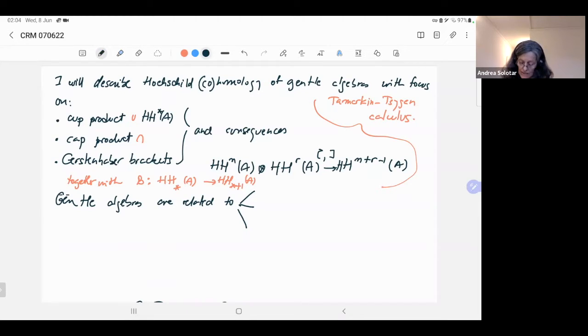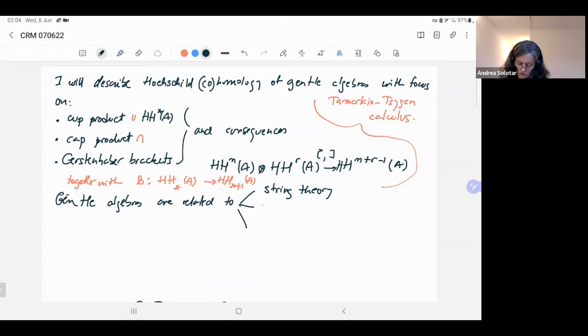And why gentle algebras? Well, because on the one side, it's a family of algebras for which we can give a lot of details on the basis of the cohomology and we can perform all computations, but they are also related to string theory in theoretical physics.